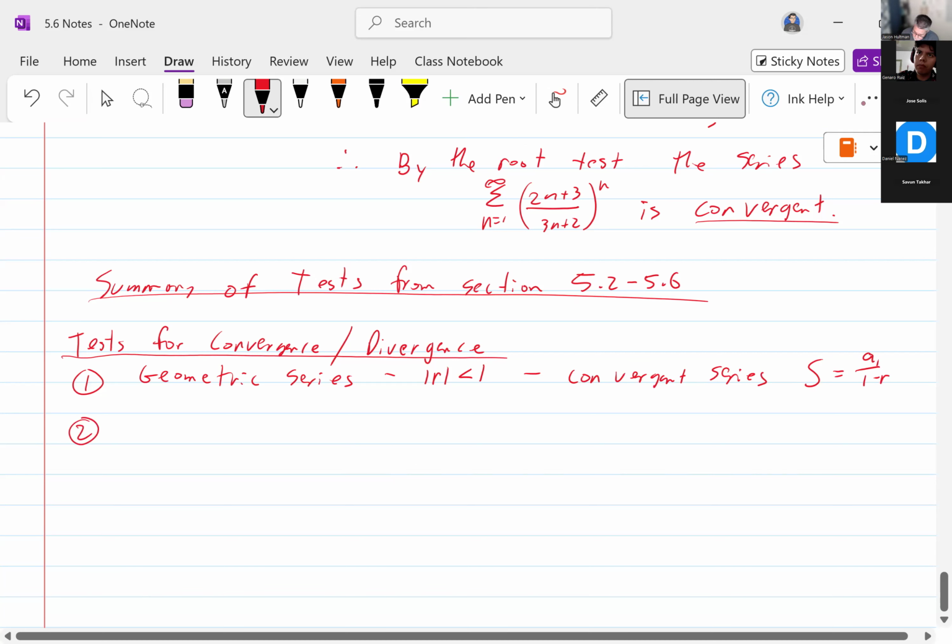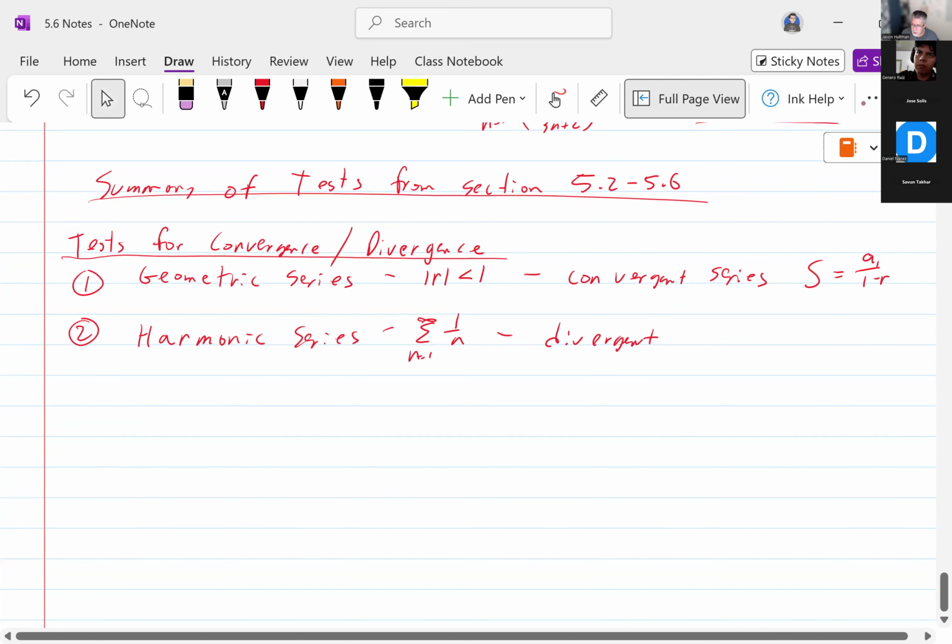Number 2, the second thing that we talked about was the harmonic series, which is the summation of 1 over n, as n equals 1 to infinity. This thing is always divergent, and we showed it a couple of different ways. We took the integral, we did it algebraically, and that thing is divergent.